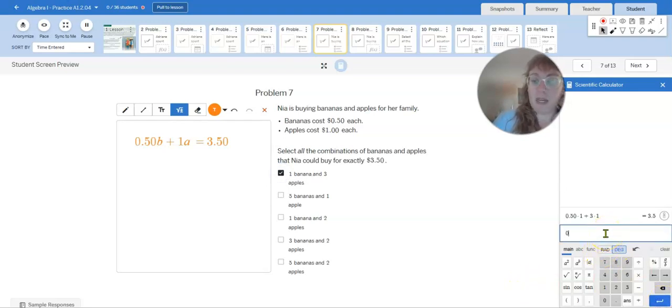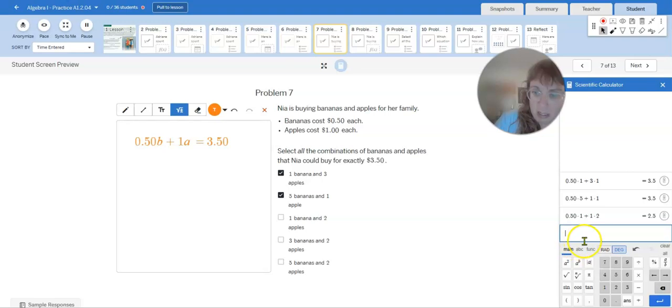For the next one, we have 5 bananas, 0.50 times 5 plus 1 apple, so 1 times 1. That's also 3.50. Beautiful. Next one is 1 banana, so 0.50 times 1 plus 2 apples is 1 times 2.